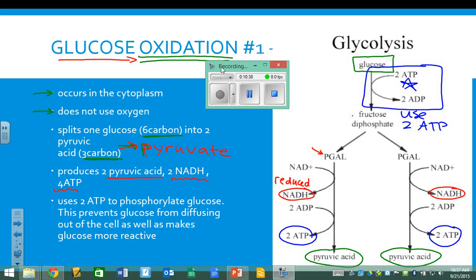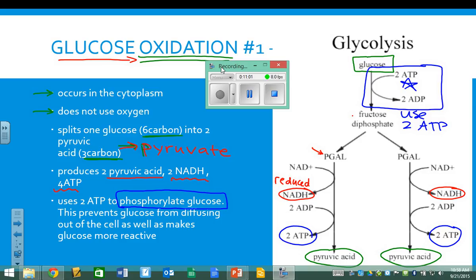Basically, I'm using it to phosphorylate glucose. That means I'm adding phosphate to glucose. It makes it more active, and it makes it so that glucose cannot diffuse out of the cell.